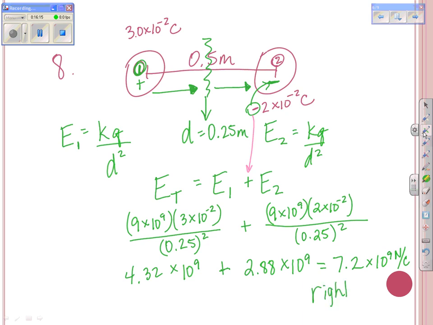That is our direction because Q2 is a negative particle, so it is moving towards the right. So this is our magnitude right here, and this is our direction because all of our arrows are pointing to the negative charge.